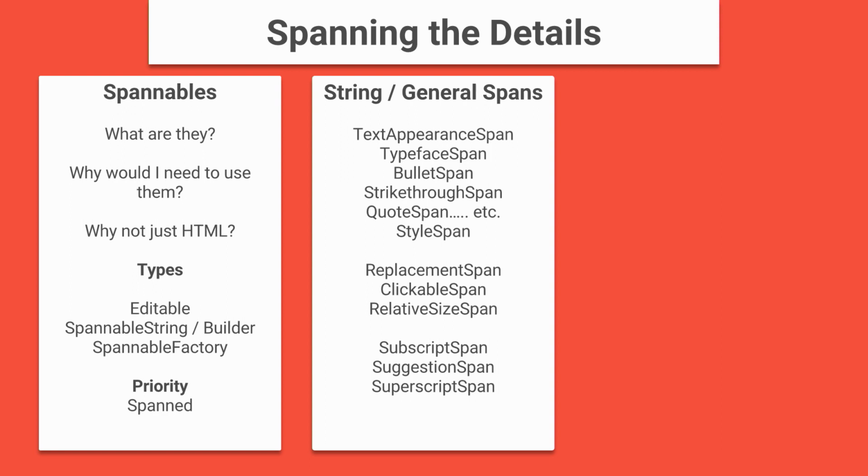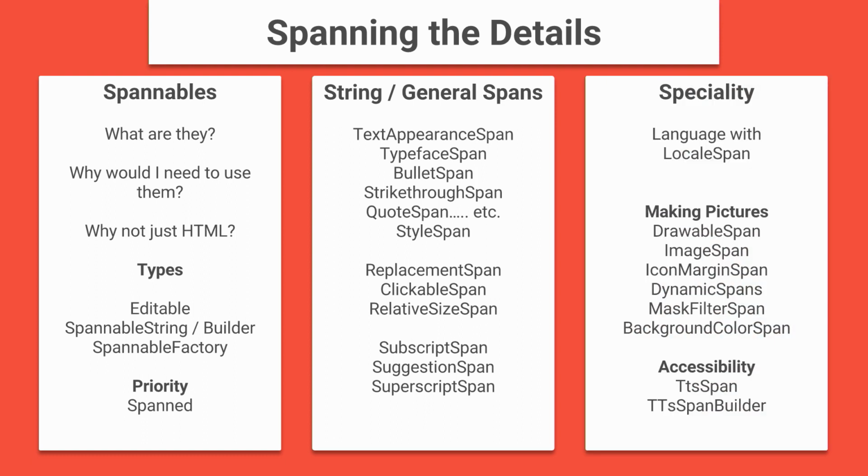But then we come to the more generalized spans, things that can be used for a number of different objects, like replacement span, clickable span, relative size span. And then we get into the really fancy kind of text, like subscript, suggestion, and superscript. So when you see x squared, you see the little 2 at the top, that's what we would call a superscript, right? So the extra little thing at the top, or the ST in first.